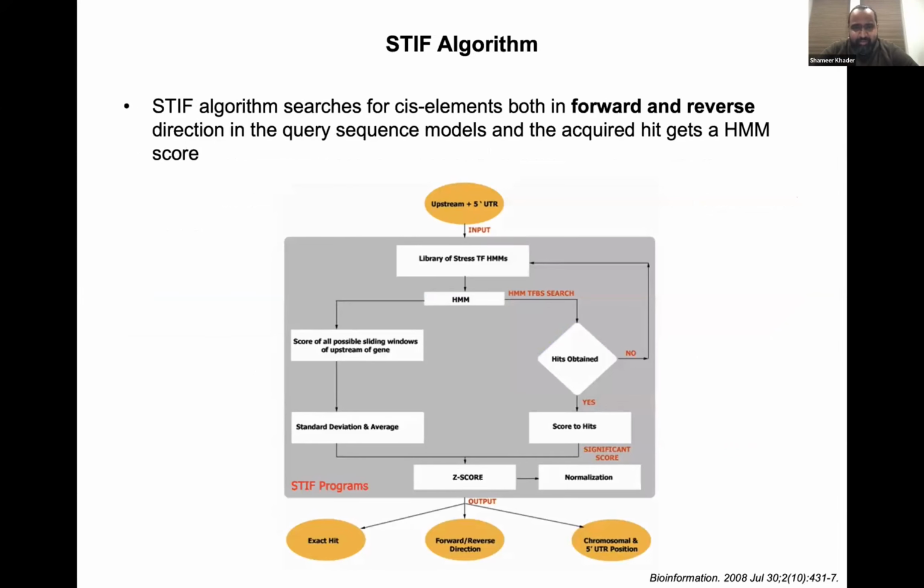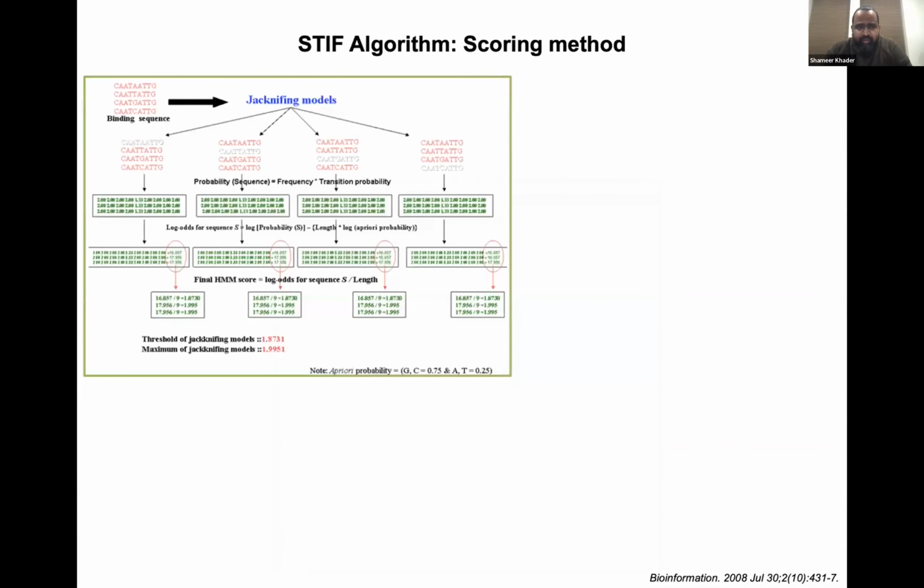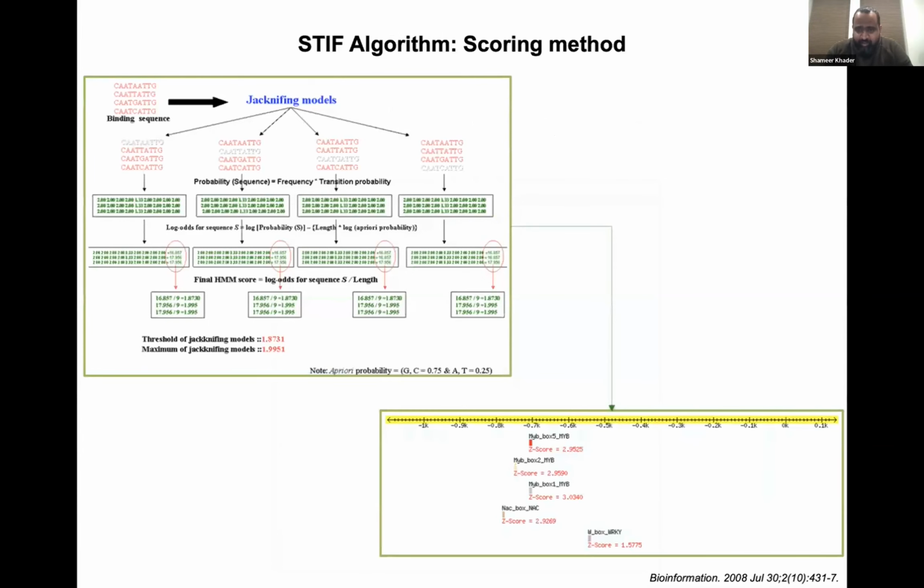The idea really was that we have a set of proven transcription factor binding sites, and we were interested in using this hidden Markov model to scan the UTRs in both forward and reverse direction and see if there are matching or high probability transcription factor binding sites. So that was the concept. And it uses some aspects including jackknifing models and all.